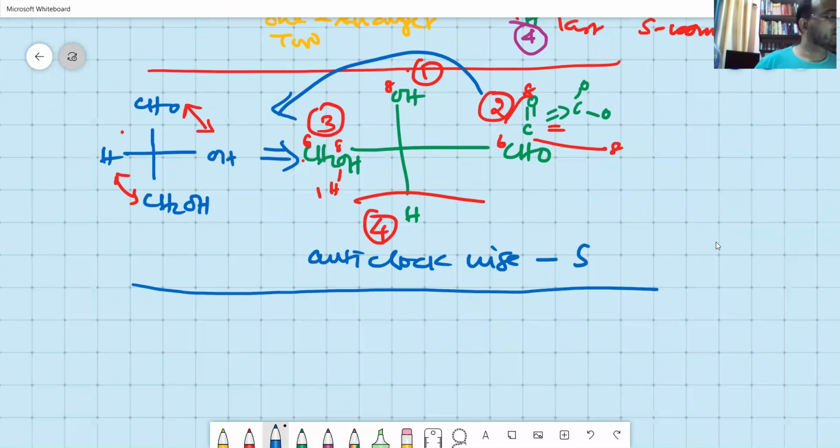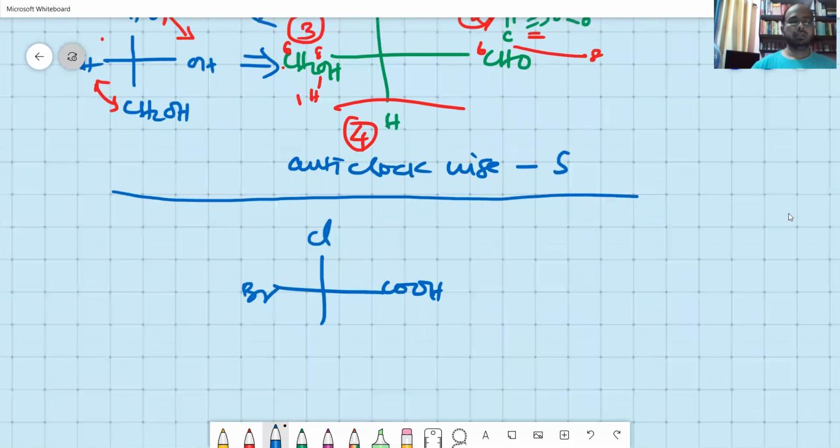Okay, so the next example is Cl, Br, CHO, and H. Okay, as per the priority rule, hydrogen is the last and it goes out.